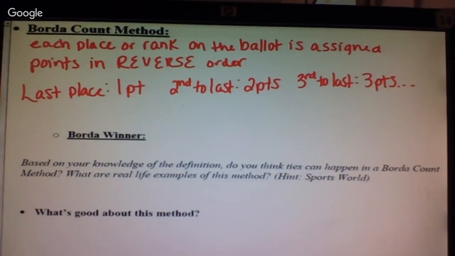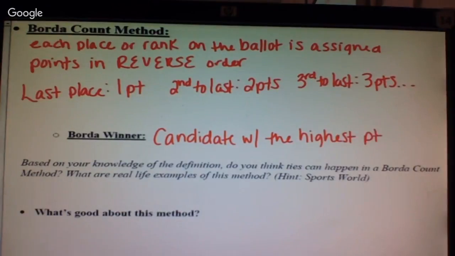Okay. Once we assign the points, we then tally all the points together and we pick a Borda count winner. Your Borda count winner is the candidate with the highest point value.